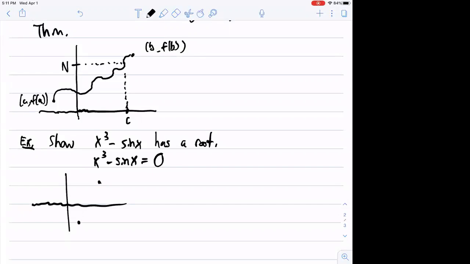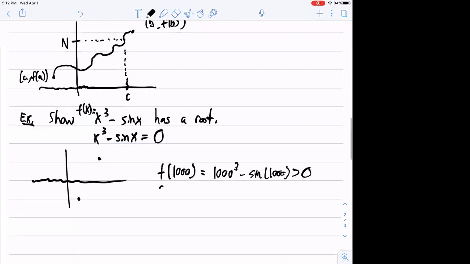Note, you're going to have to choose your numbers wisely for your homework, because you need to choose 3 roots. But for this case, we could be as crazy as we want. So if this is f of x, then you just need some value that's positive. You could be crazy and just do like 1,000. That's bigger than 0. Note that I don't care what sine of 1,000 is. Sine is bounded by 1 and -1, so this is clearly positive.